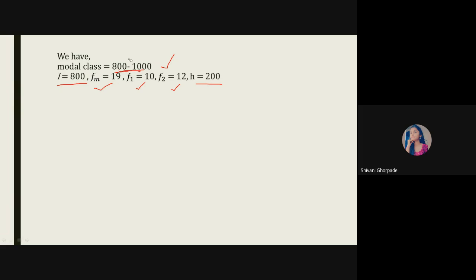Now we will use the formula for mode. So this is the formula. Now insert the amounts and find out the answer. What will be the mode? Check out, what is the mode?